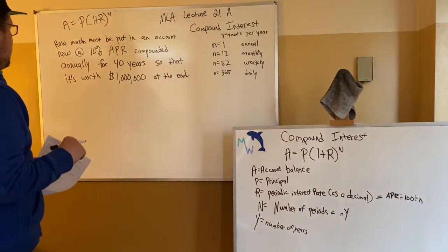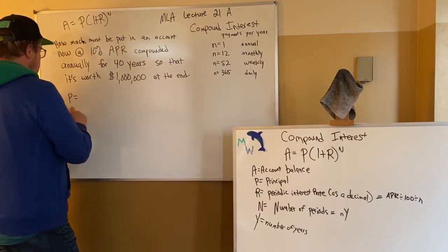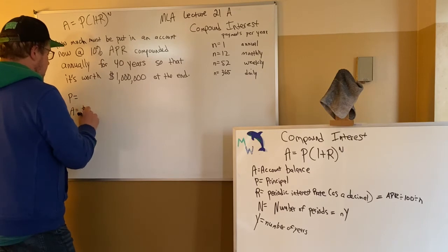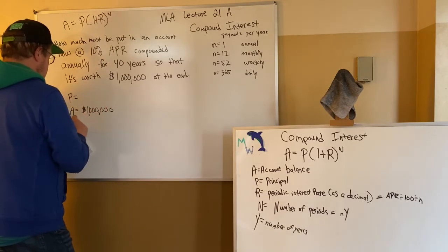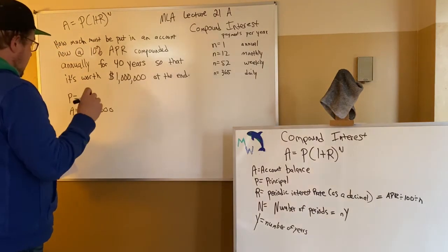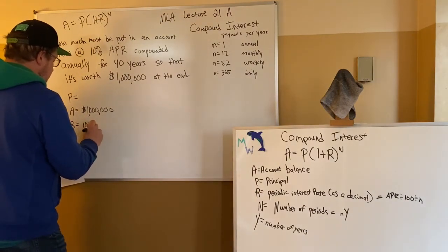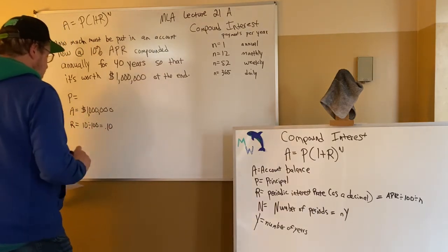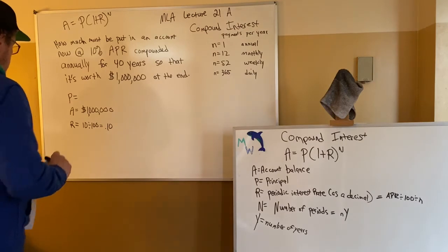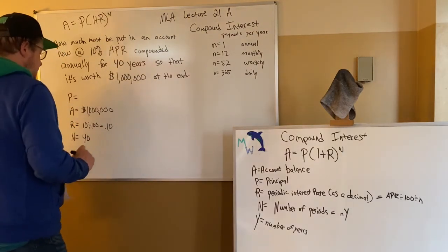Let's see what information we have here. We don't know the principal. We know A, it's got to be $1 million. We know that we're going to get an interest rate, which is 10% divided by 100, which is 0.10, 10%. And N is equal to 40 years.